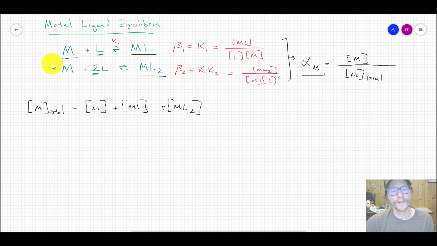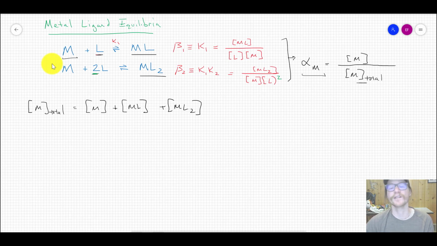Those are the only three possible forms of M in the system. So that's what M total is equal to. But what we want to do is get M total in terms of things that we know, and we don't know all of these species.